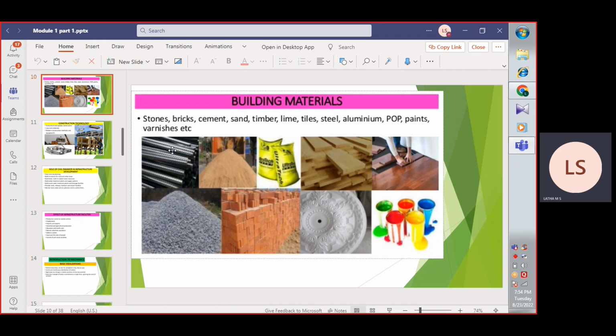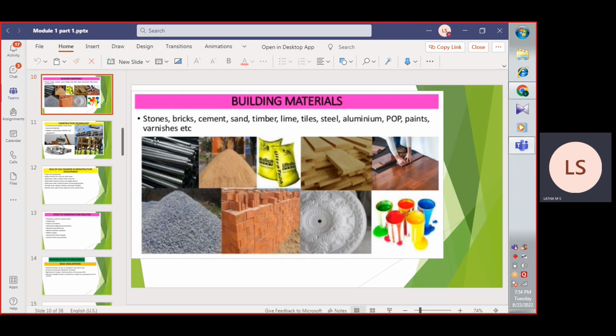So then we can come across different materials, as you can see in the pictures. Here: stone, brick, cement, sand, timber, lime, tile, steel, aluminium, POP, plaster of Paris, paints, varnishes, etc. There are many materials being used.